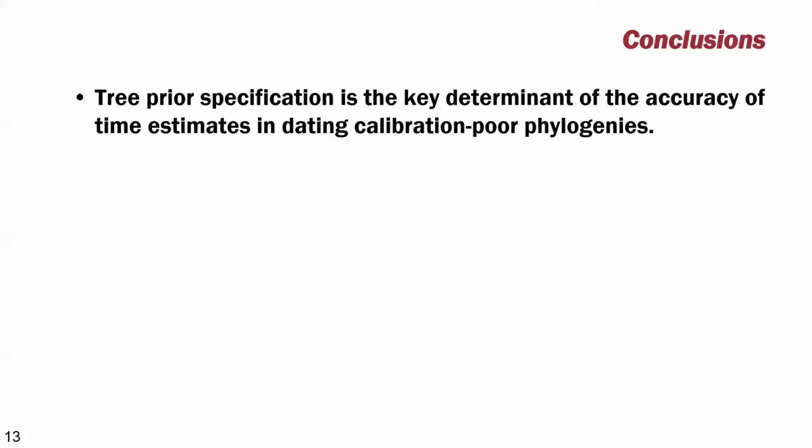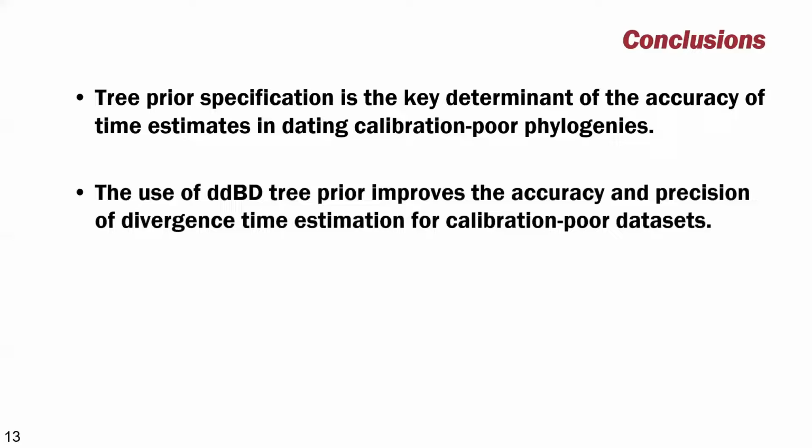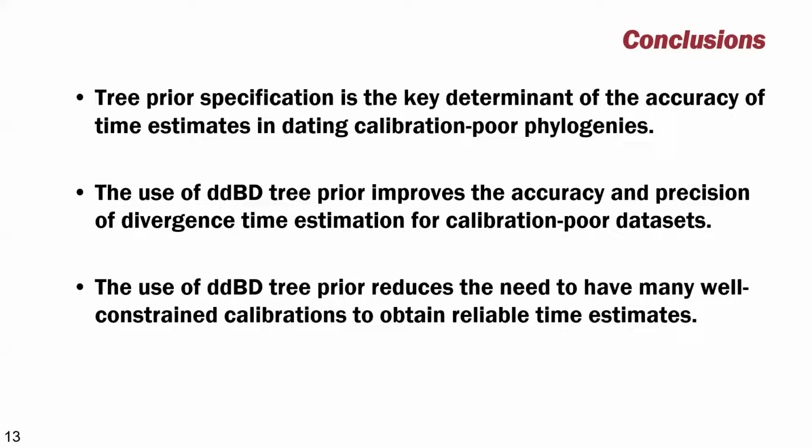Therefore, the tree prior specification is actually the key determinant of the accuracy of time estimates in dating calibration-poor phylogenies. And the use of the data-driven tree prior can improve the accuracy and precision of divergence time estimation for calibration-poor datasets, and reduces the need to have many well-constrained calibrations to get reliable time estimates.